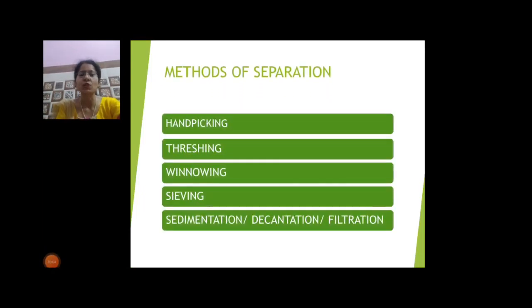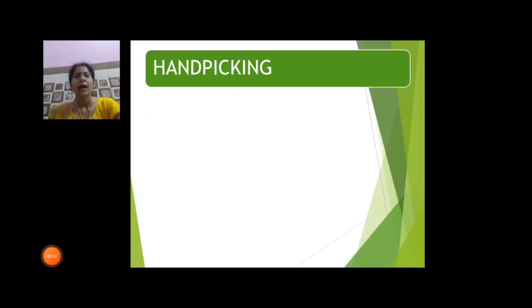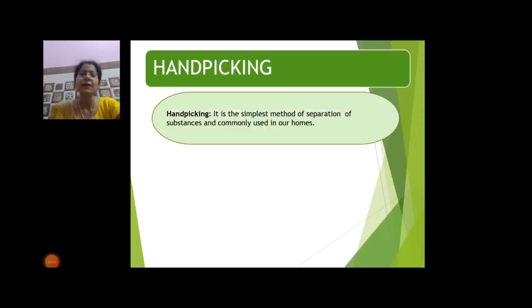Methods of separation. Various methods of separation are hand picking, threshing, winnowing, sieving, sedimentation, decantation, and filtration. Hand picking. Hand picking is the simplest method of separation of substances and is commonly used in our homes.